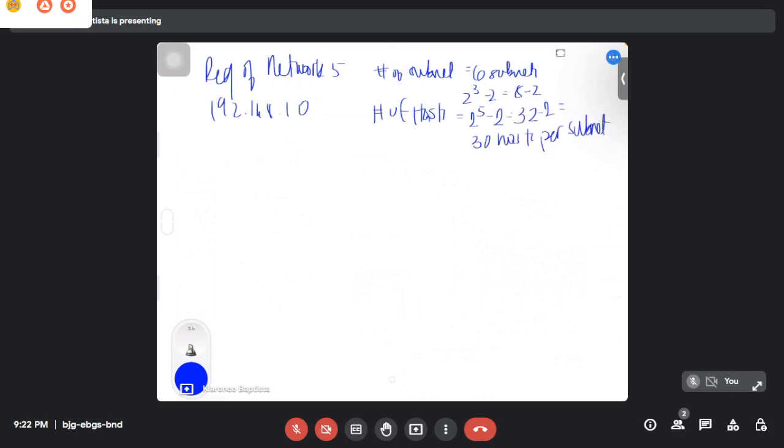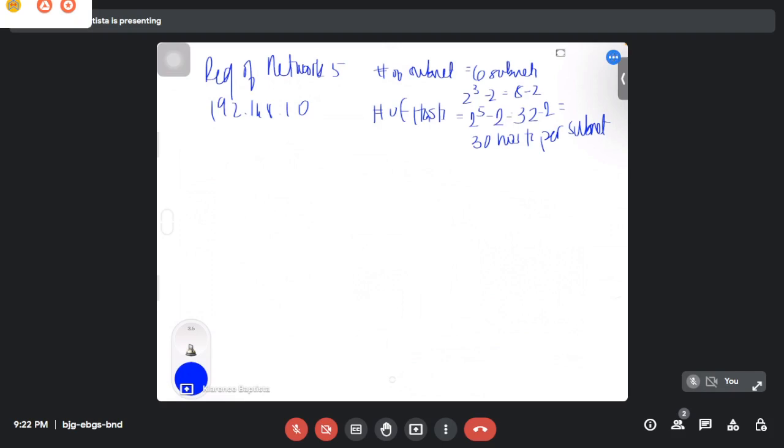Ngayon, kukunin po natin yung tinatawag natin na customized subnet mask.